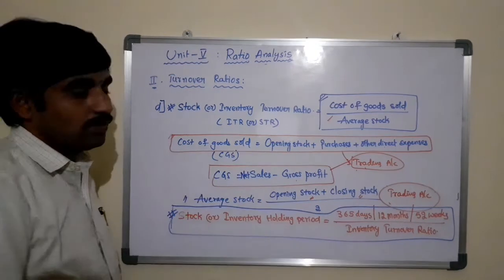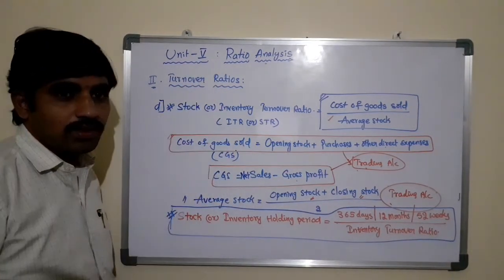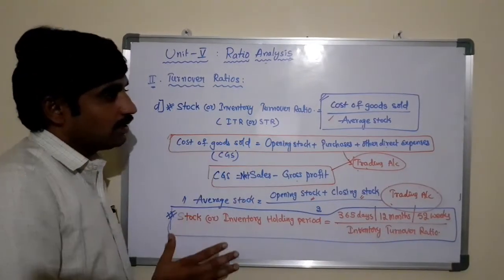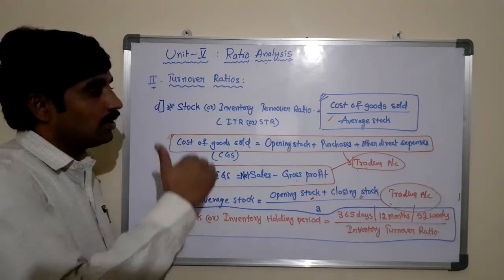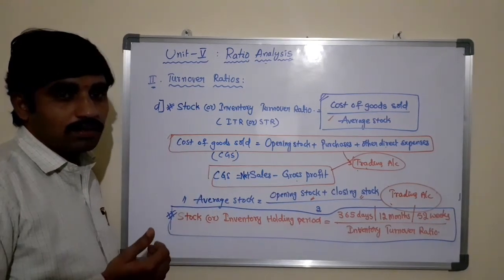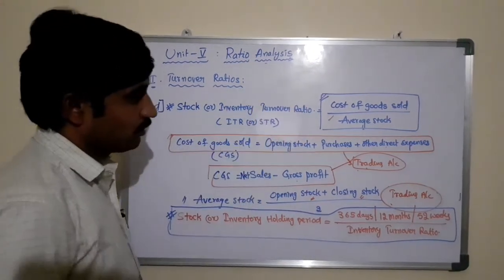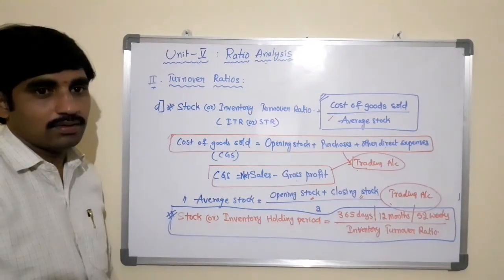This is also a very important ratio under turnover ratios, in order to know how the inventory is moving, inflow and outflow, how the business is selling in number of times. So inventory turnover ratio measures in terms of times.